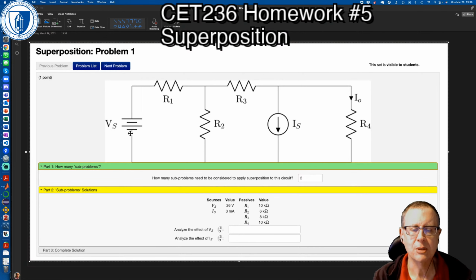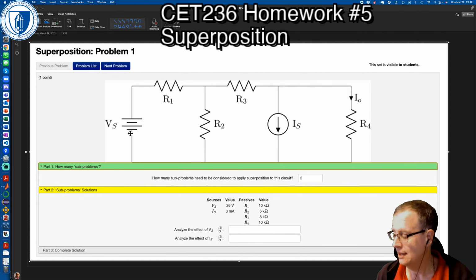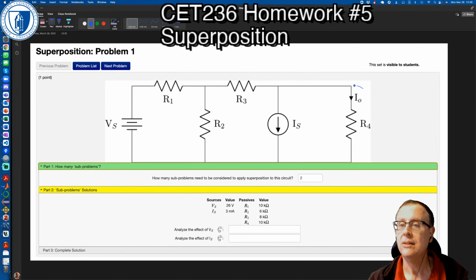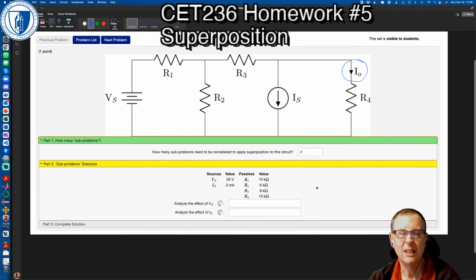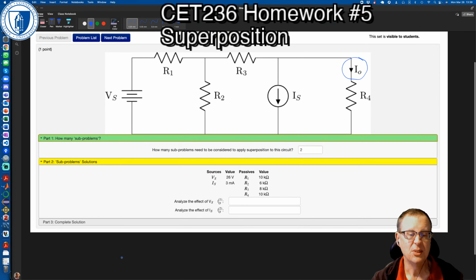So first of all, we've got to analyse the effect of VS. And what we're trying to find in the overall thing is the output current here. So let's just figure out what the VS circuit looks like. So it's going to be the VS, we'll keep it, and then we've got R1 and R3 and R4, and we're going to have R2 here, and the thing we want to find is I out.